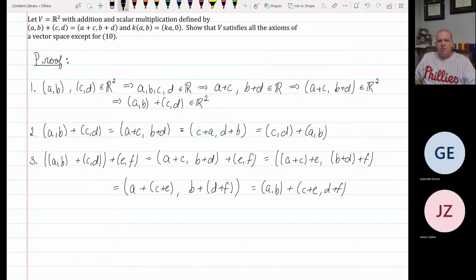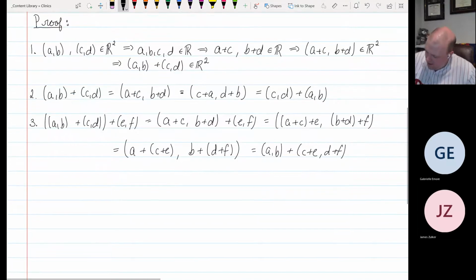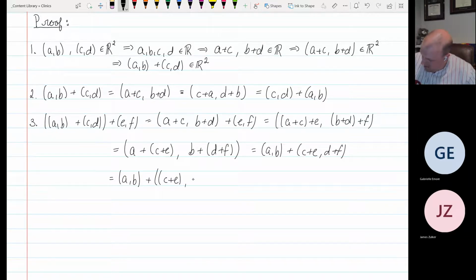Now we just work in reverse to break it back down, and we've now proven associativity.